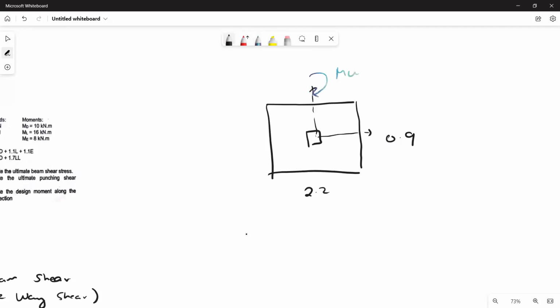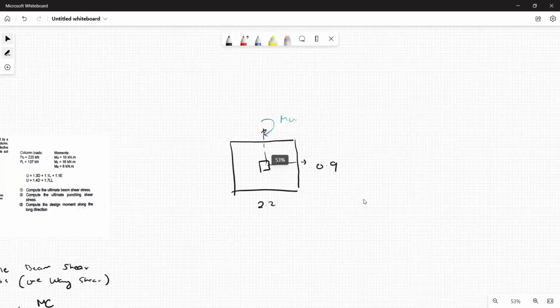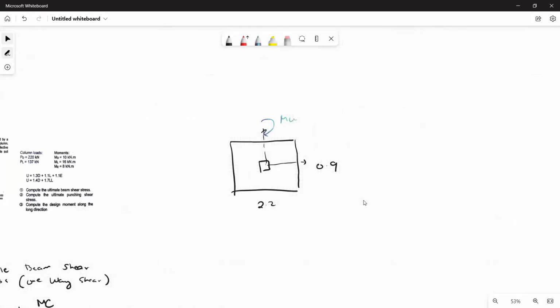Kapag ganyan yung bending nyo, para din siyang nag-a-analyze kayo ng beam. Ito yung beam natin, let's say cantilever beam. Then you have a bending dito.